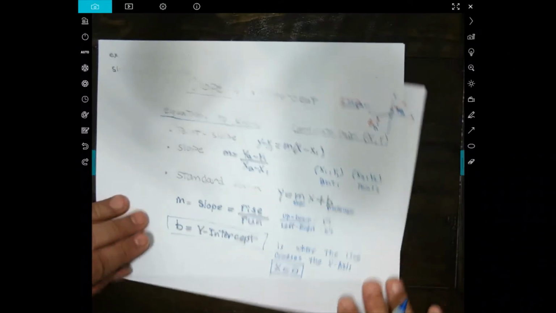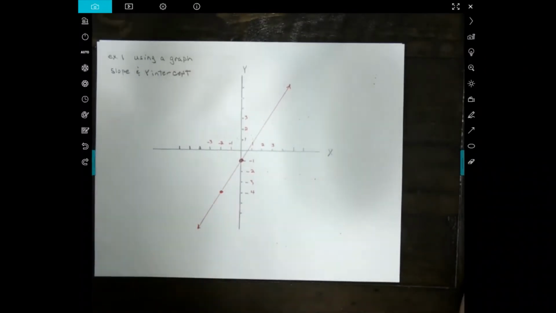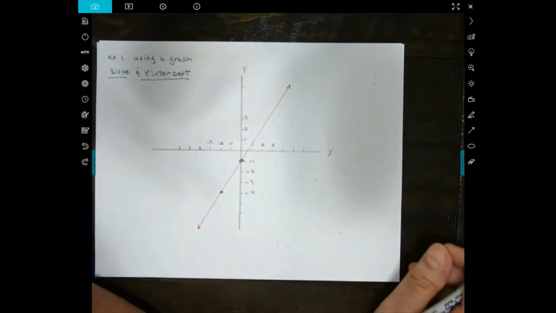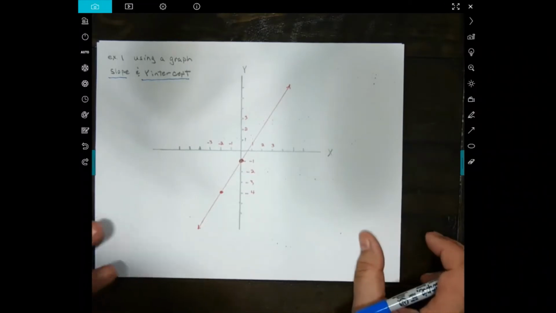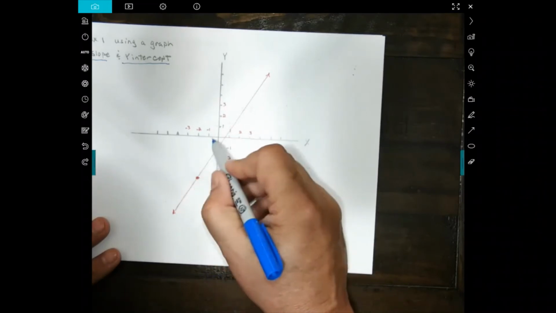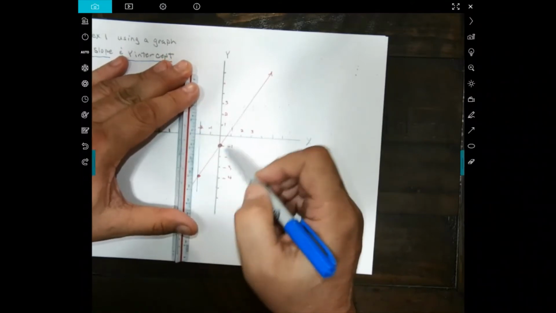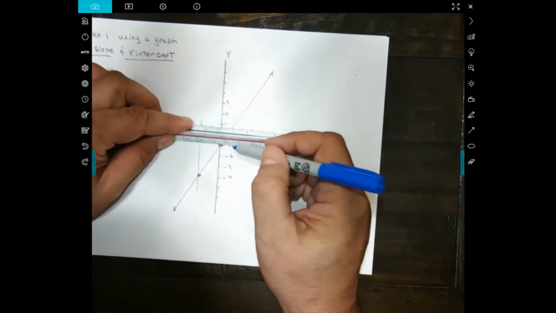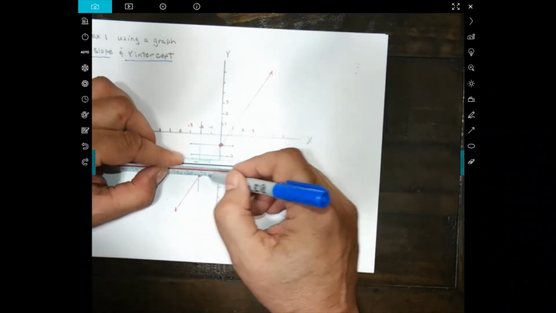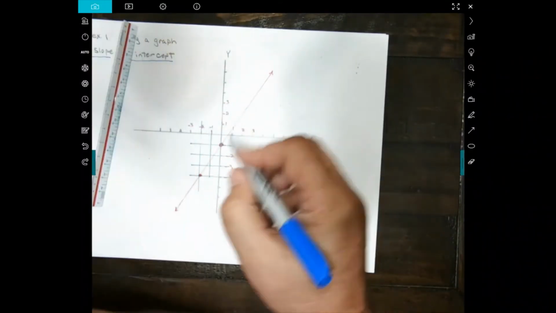So for our first example, let's look at this graph. We're going to find the slope and y-intercept using this graph. Now, there's two ways you can find this slope. One is an easy way. If these points aren't too far apart and you can count them real easy, then what I like to do is go through each point, make a quick vertical line, make a grid on each one of these, and then I can just count how far up it went.